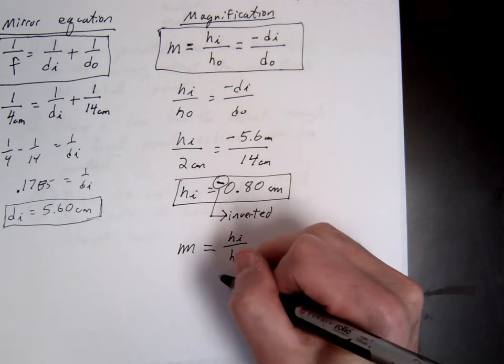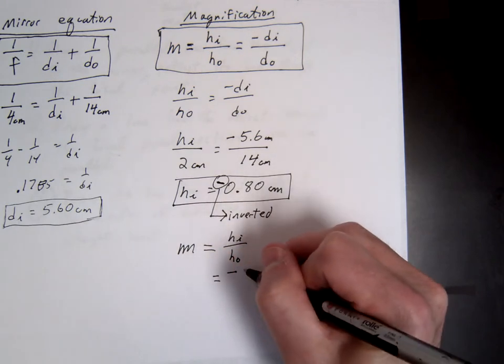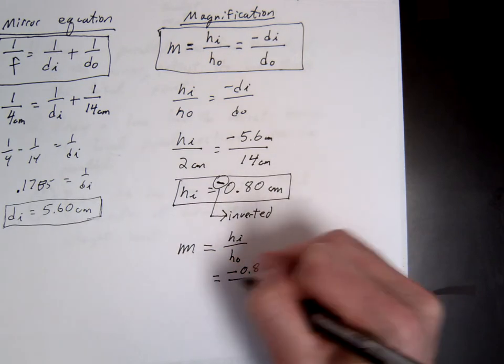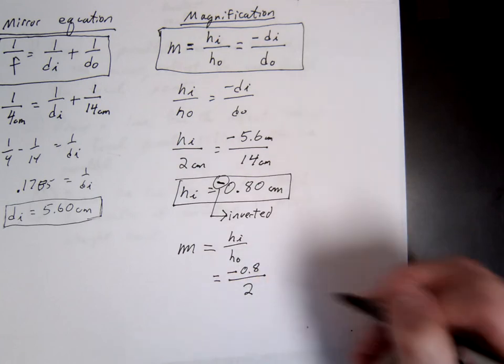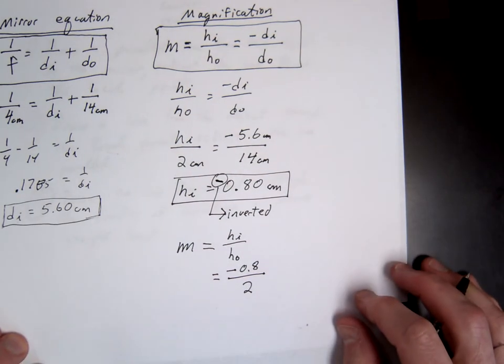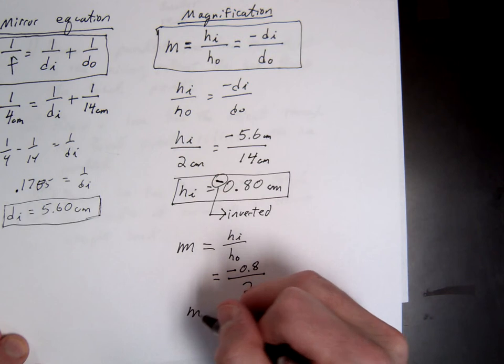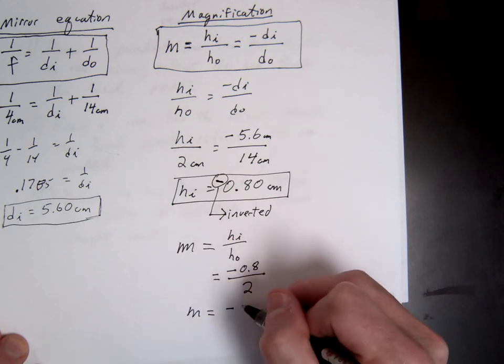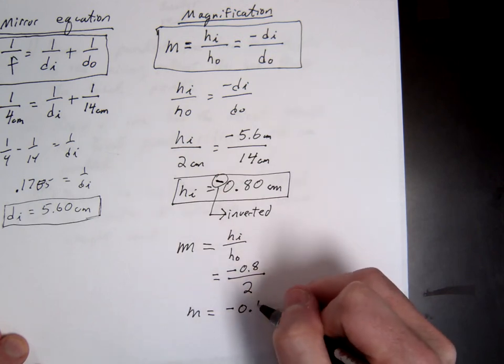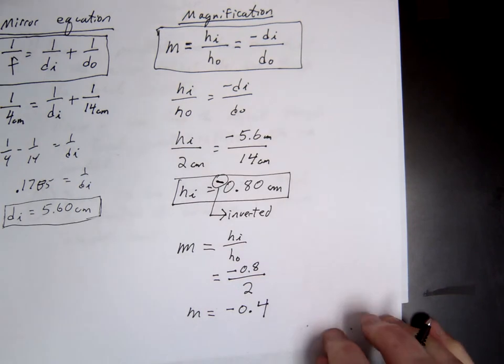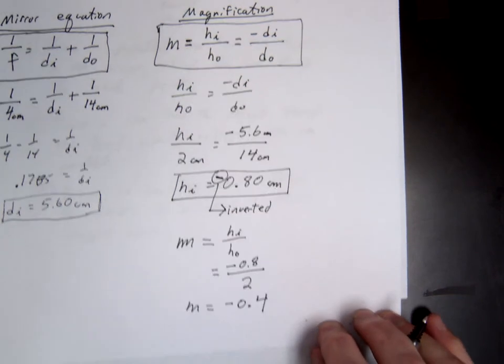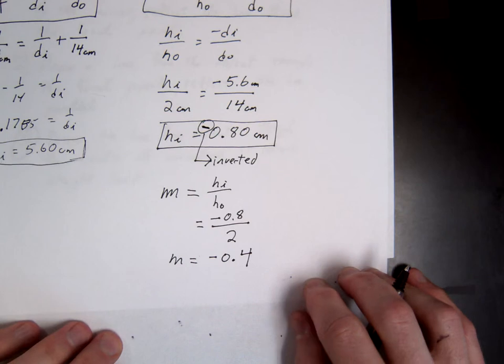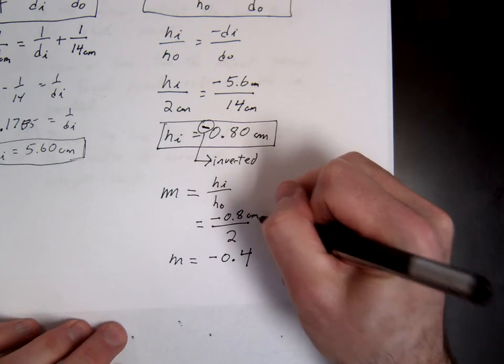So we're going to go negative 0.8 divided by 2. So I can do this math. Negative 0.4. And remember, this was centimeters, this was centimeters.